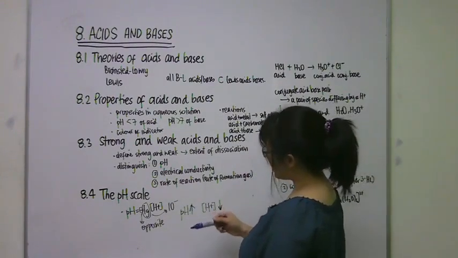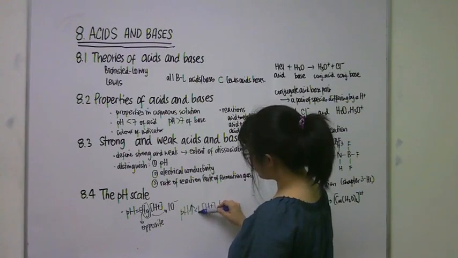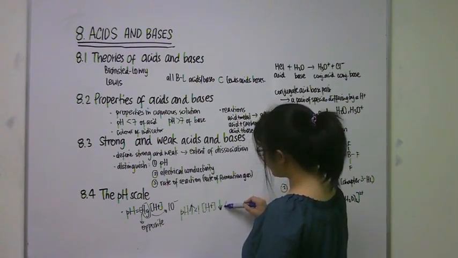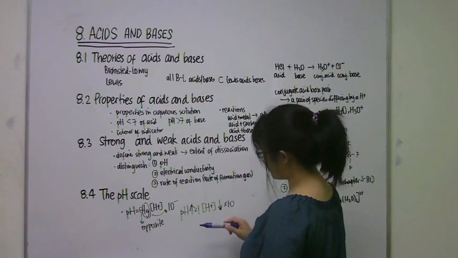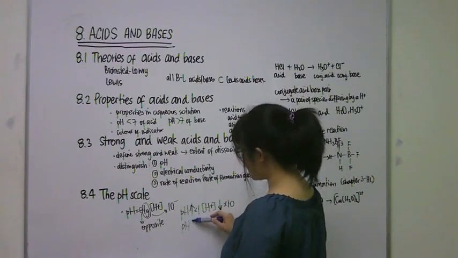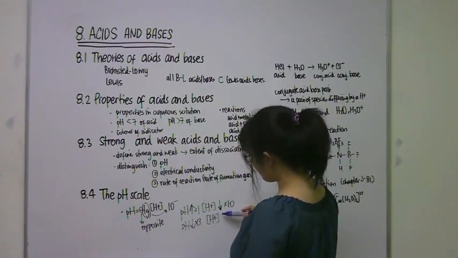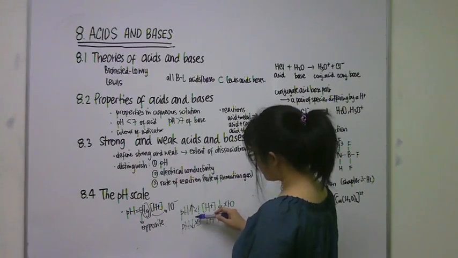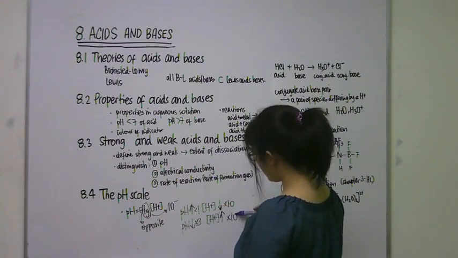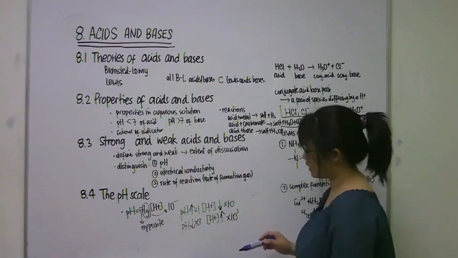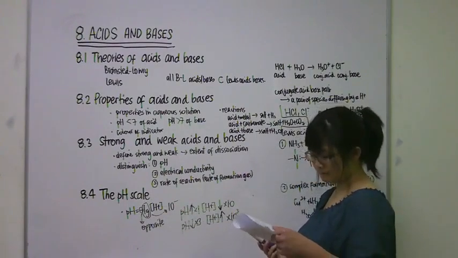So when the pH increases by 1, the H plus concentration will decrease by 10 times. So when pH decreases by 3, for example, the H plus concentration will increase, and because it's 3 units, it will increase by 10 to the power of 3 because of the logarithm.